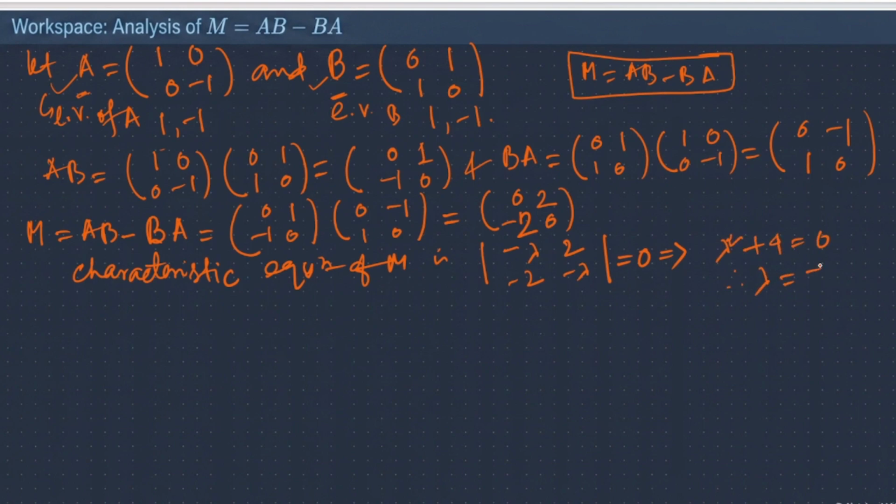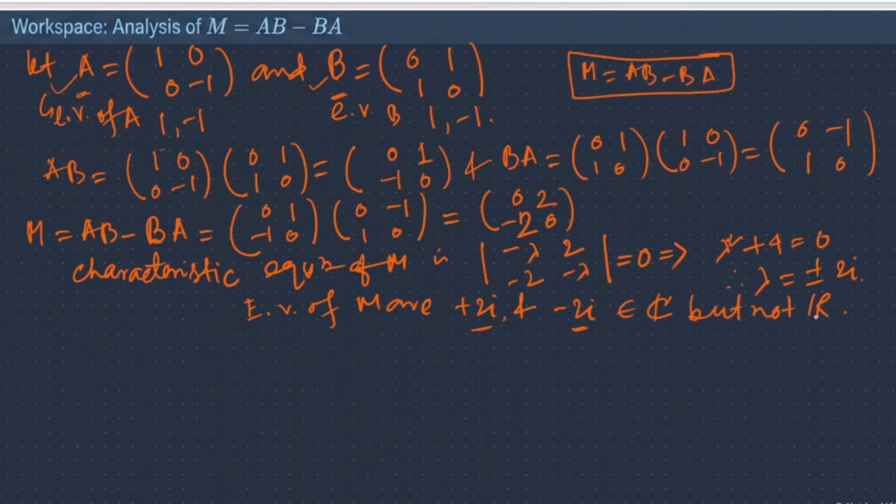Therefore, lambda equals plus or minus 2i. The eigenvalues of M are plus 2i and minus 2i. But these two eigenvalues belong to C but not R.